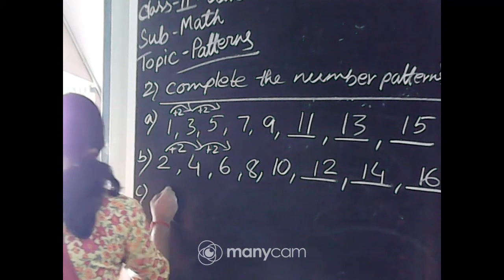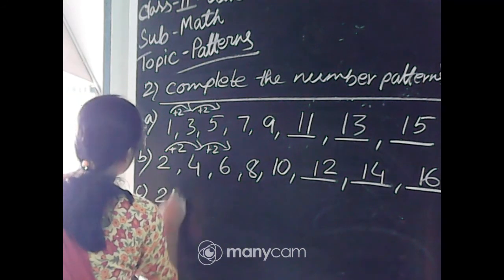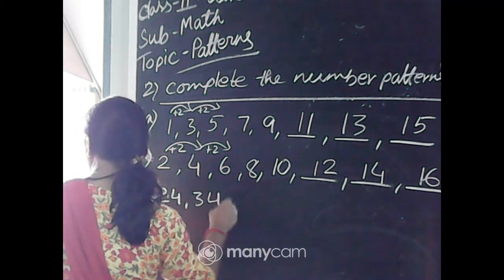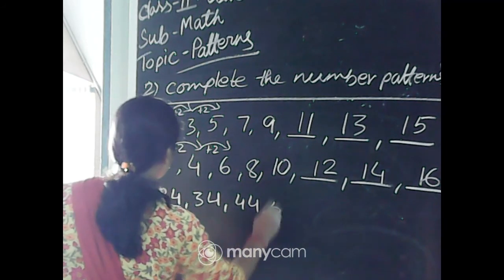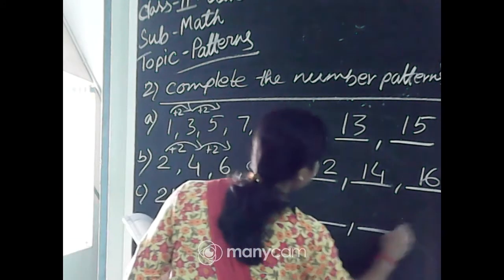Number C, 24, 34, 44, 54. What will be the next 3?